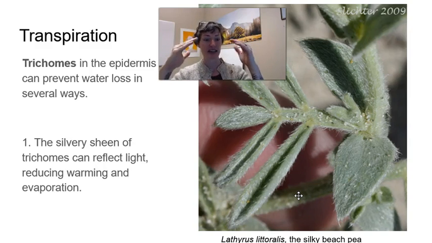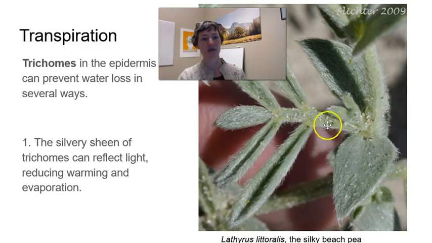It also provides a different layer of air right next to the plant. So we have this external air here that might be relatively low humidity, and then we have this little forest basically on the surface of the leaf. And if you think about a forest on land, on a hot, dry day, and then you walk into the woods and there's moisture in the air, it's cool, it's damp.